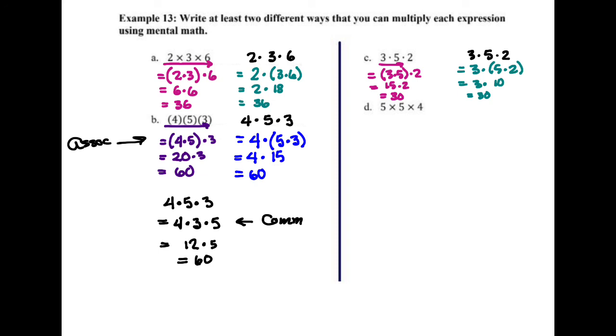Okay, so down here on D, doing it in the same order, just because we've been doing that. Straight across, we get parentheses 5 times 5 and then times 4. So 5 times 5 is 25. 25 times 4 is 100. Okay, rewriting it again so I can do it a second way.